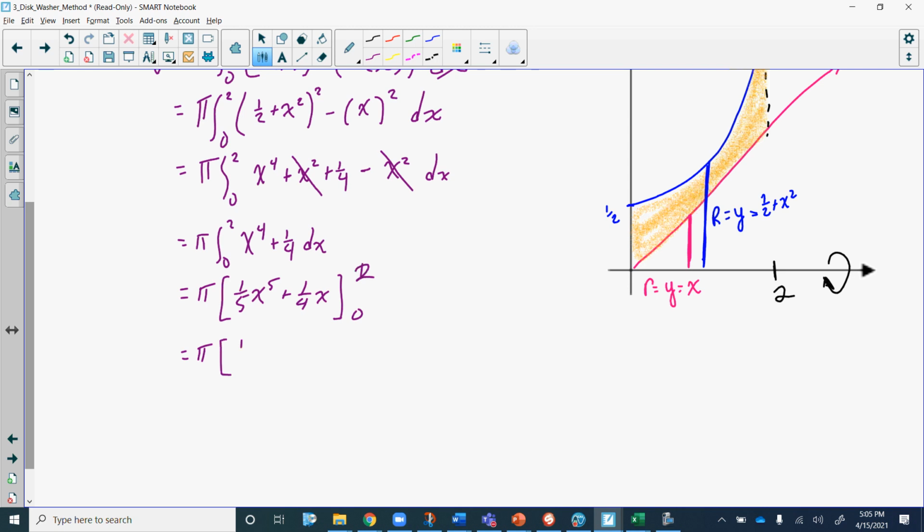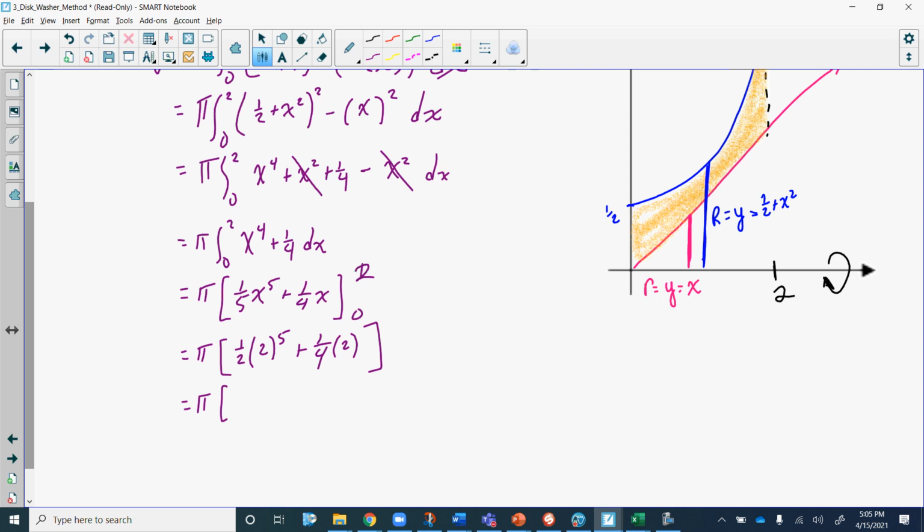But here I'm going to say 1/5 times 2 to the 5th plus 1/4 times 2. And substituting 0, again, in this case, is not going to matter. So I'm not going to write it this time. And let's see what we get.